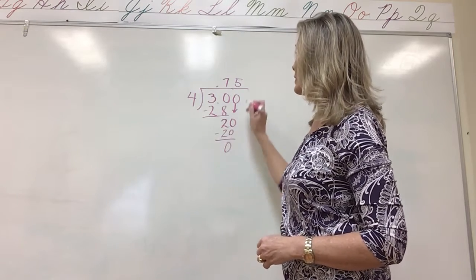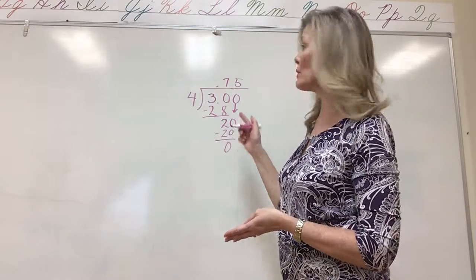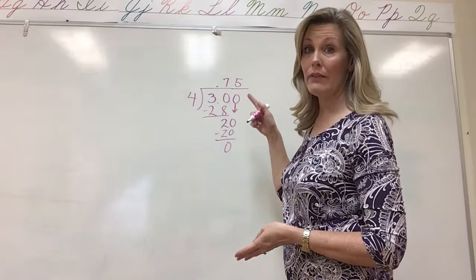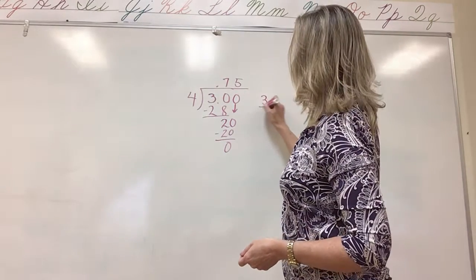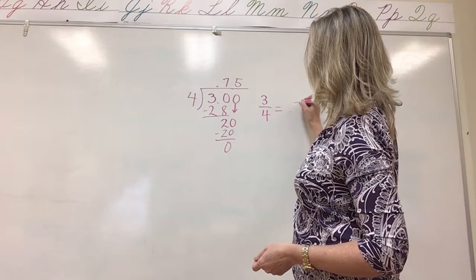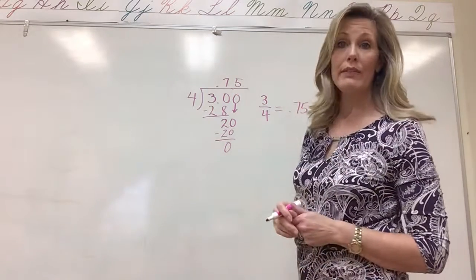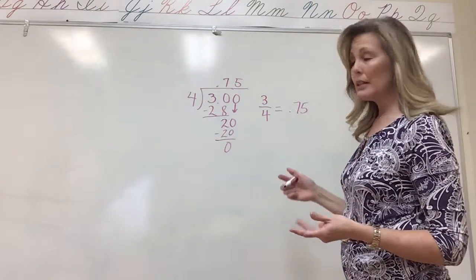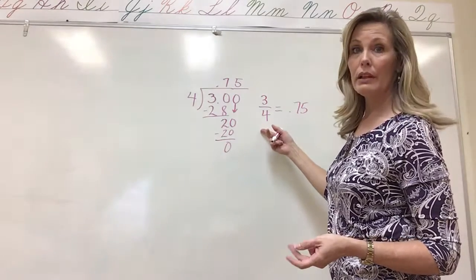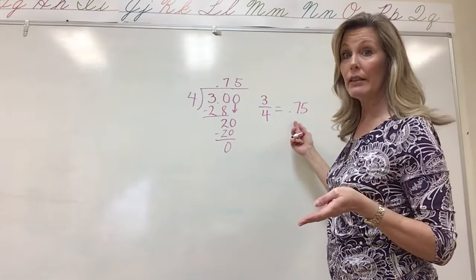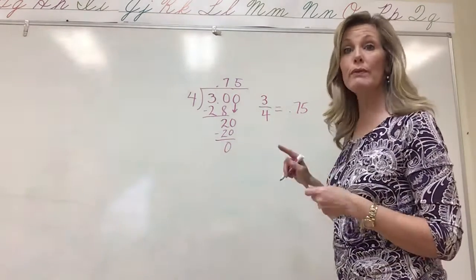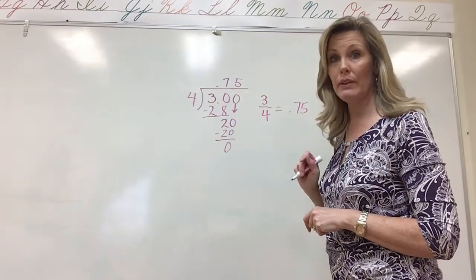I have no remainder, so I don't need to annex any more zeros. And my answer is 75 hundredths. So it would look like 3/4 equals 0.75. And if I think about that, that's like 3/4 of a dollar is 75 cents, right? So 3/4 of something is 0.75.